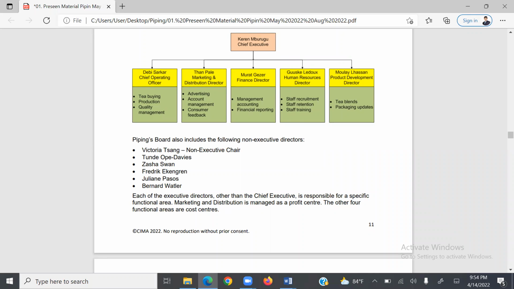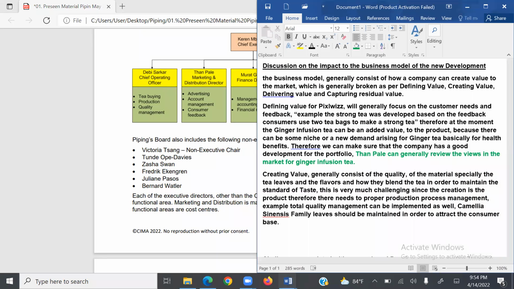I'll write down here, the quality management team monitored by DEBI can be delegated to maintain the standards, because that's how you need to be very specific here.